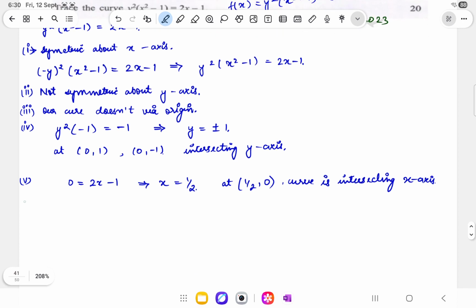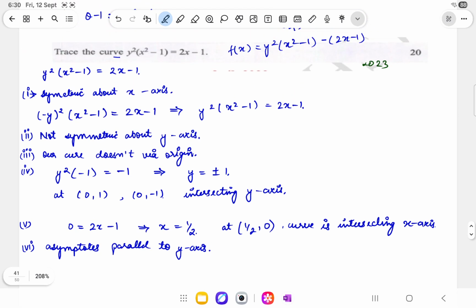So asymptotes parallel to the y-axis will be, basically what we'll do is we'll compare the coefficient of the highest power of y equal to 0.